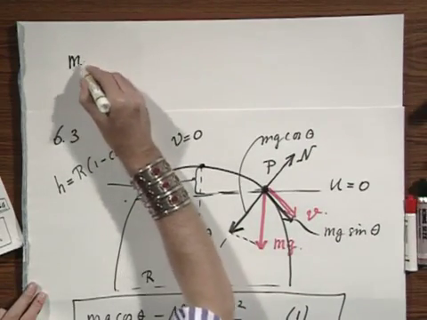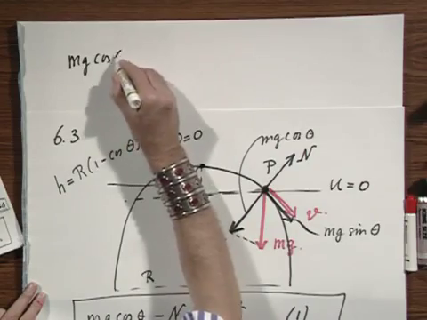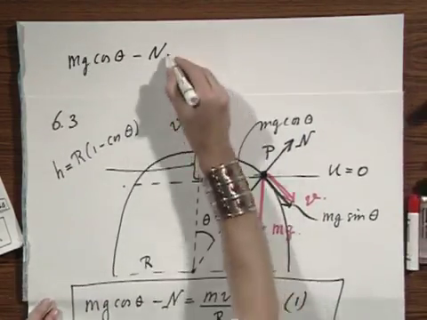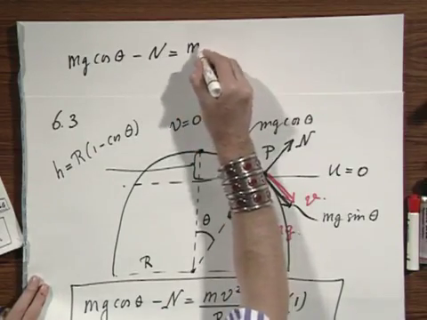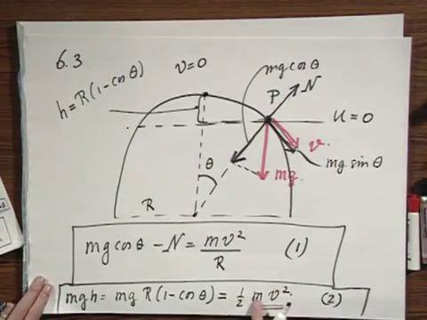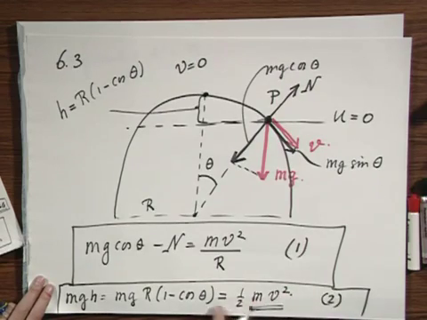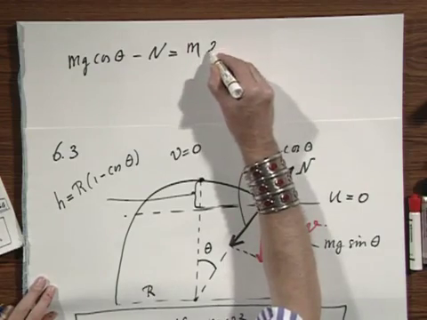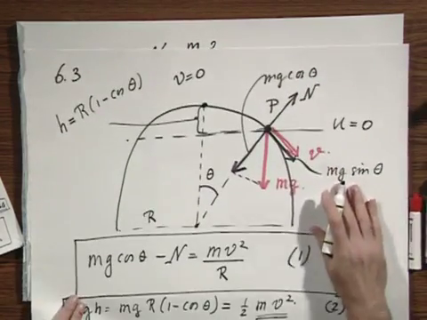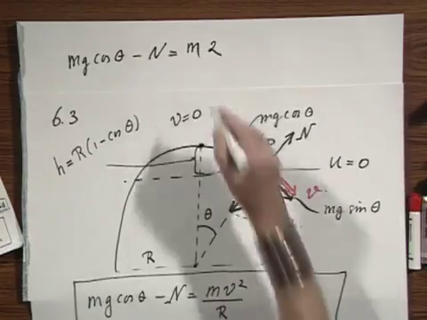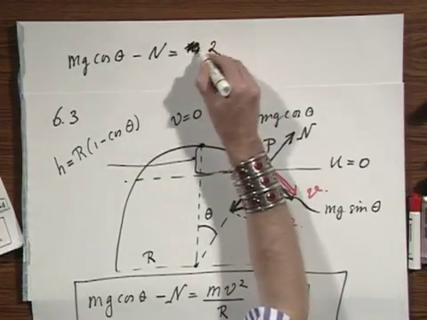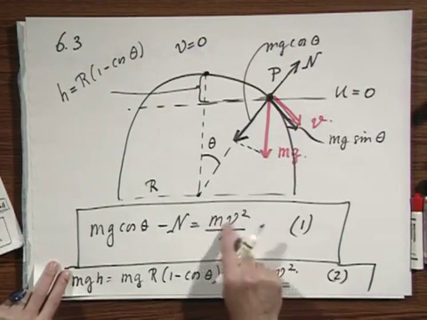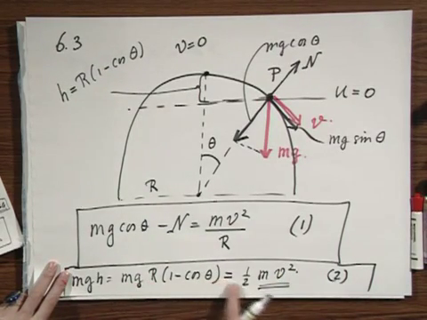So I get mg times the cosine of theta minus n equals m v squared over r, and for m v squared I'm going to write twice mgr times 1 minus cosine theta.